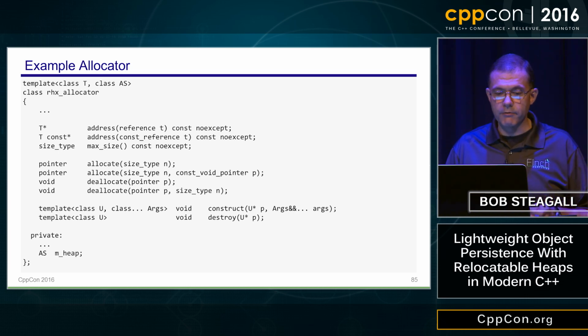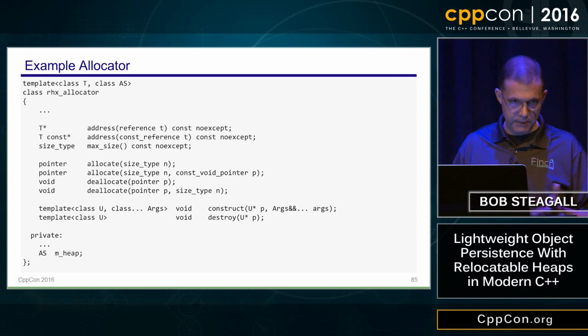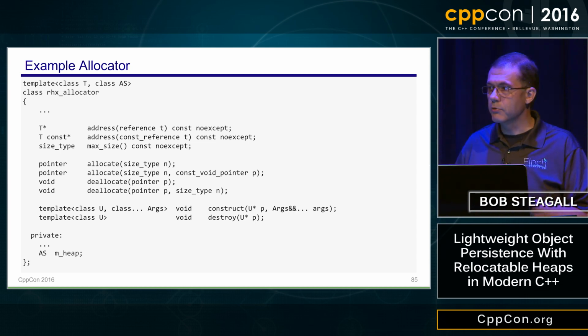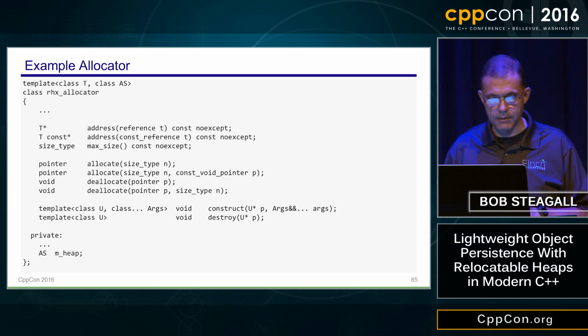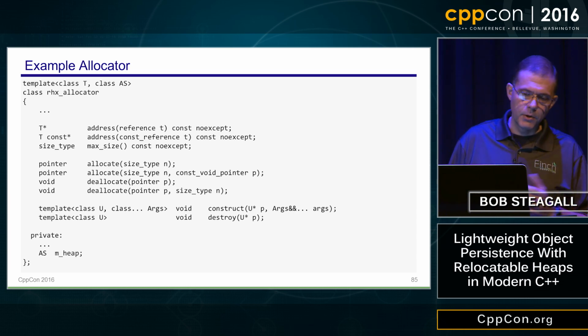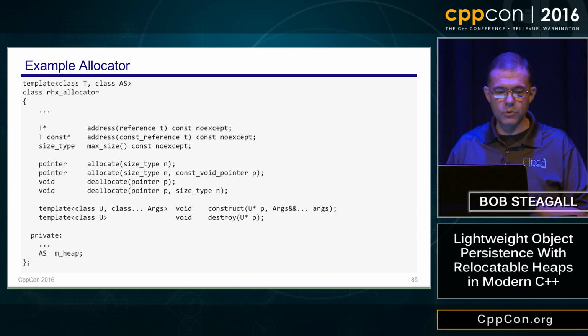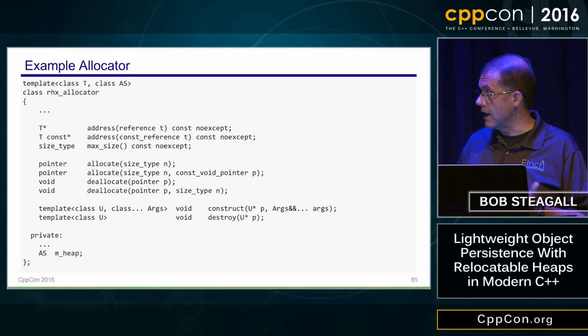The final two member functions, construct and destroy, are part of the standard allocator interface now, and what they do is perform in-place construction of an object given some arguments and given a chunk of memory, and also perform in-place destruction given a pointer to an object of that type. And for purposes of exposition, I've decided to include an instance of my allocation strategy type, which I'm calling mHeap.